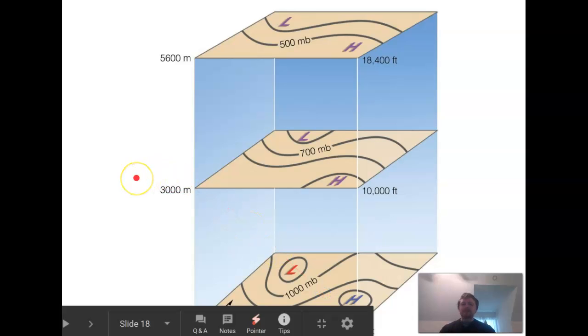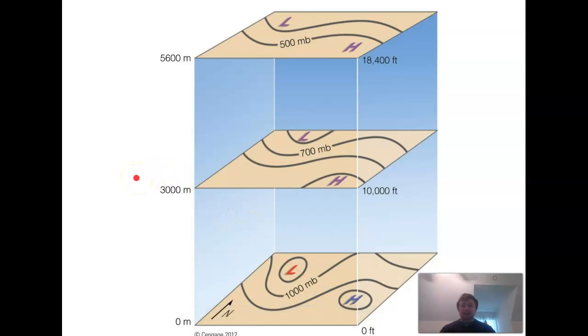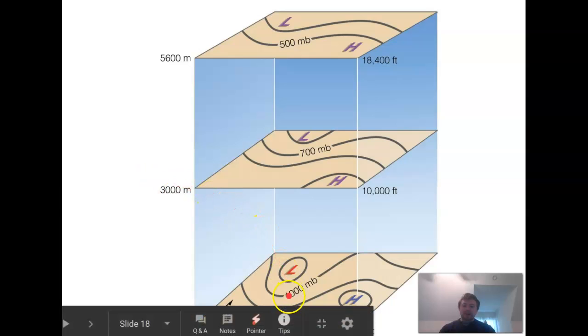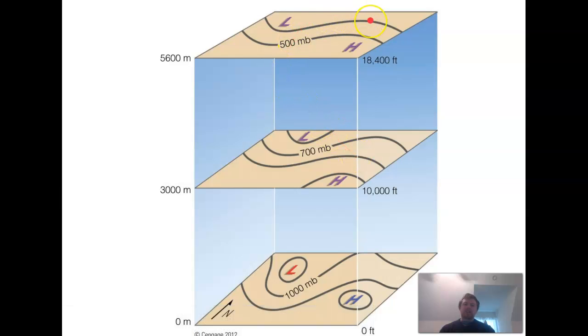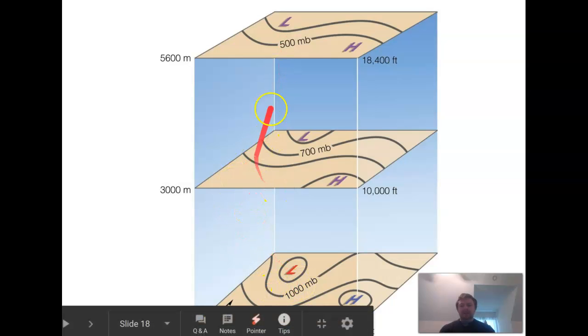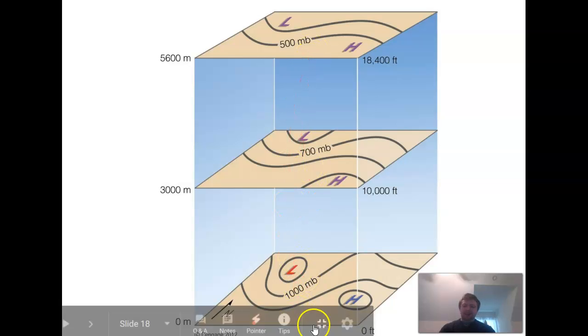Now, the other tricky thing that we're going to be looking at is that we're talking about the atmosphere at these different levels. So we do want to think about what's going on at the surface, but also recognize that what's going on at the upper levels is not the same exact picture. So you do look at different levels, the surface, the mid-level, the upper atmosphere, to get a picture of what's going on.